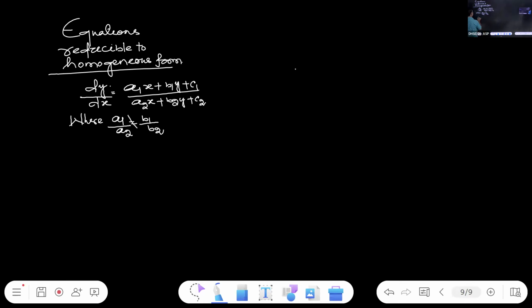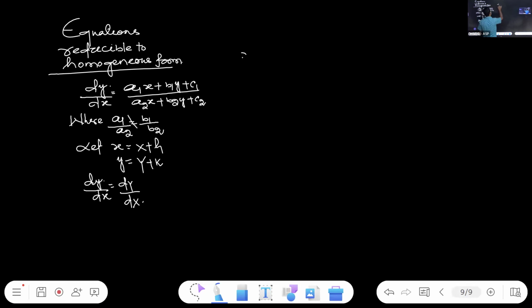Okay. By suitable substitution, let small x be equal to capital X plus h and small y be equal to capital Y plus k. So dy upon dx equals dY upon dX. Now substitute small x is equal to capital X plus h.